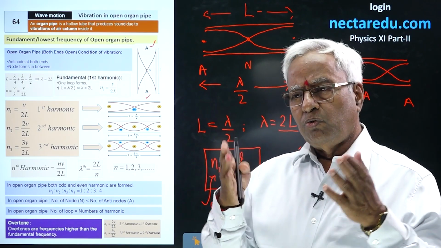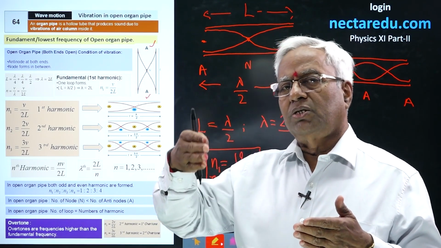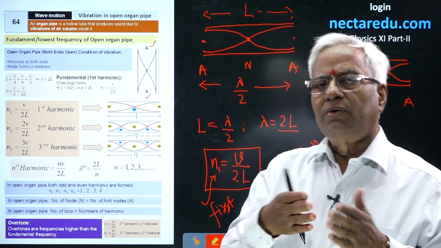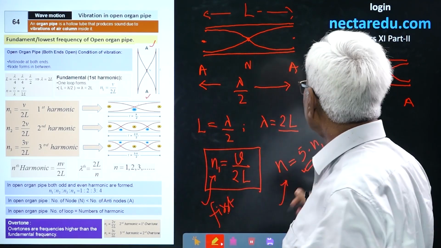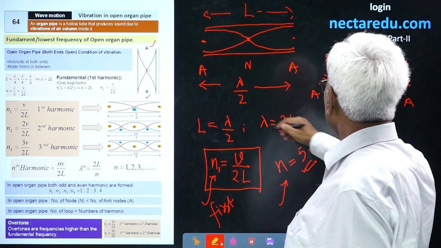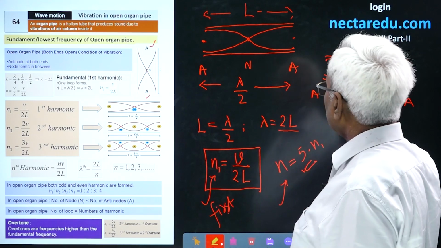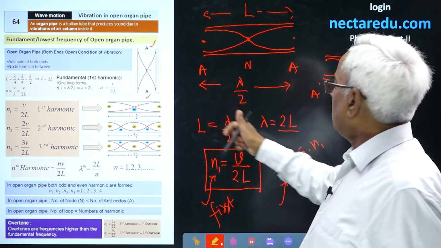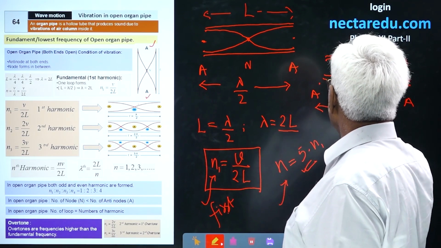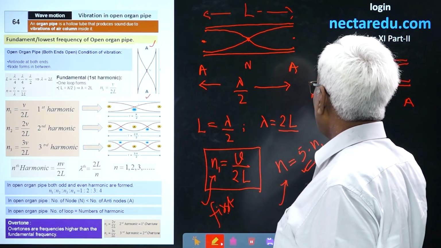In between two consecutive situations, you will always notice a difference of one node and one antinode. So, here there are 2 nodes, one more than the previous one, and there are 3 antinodes, one more than the previous one. Here you see the distance becomes 2 lambda by 2.